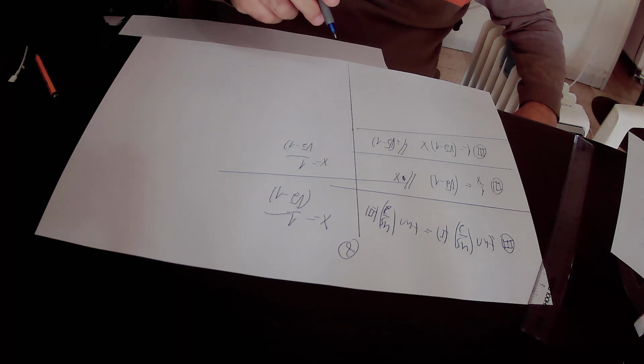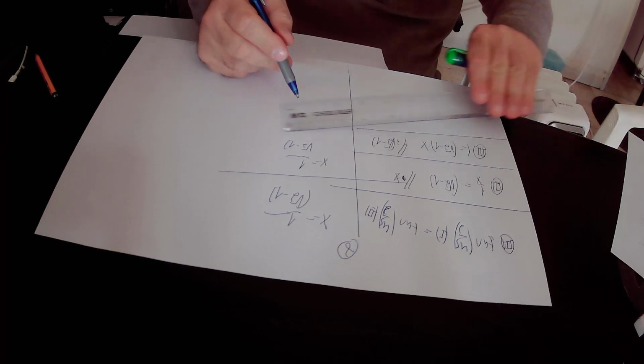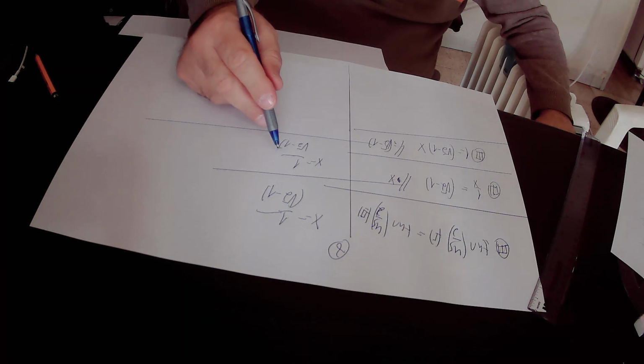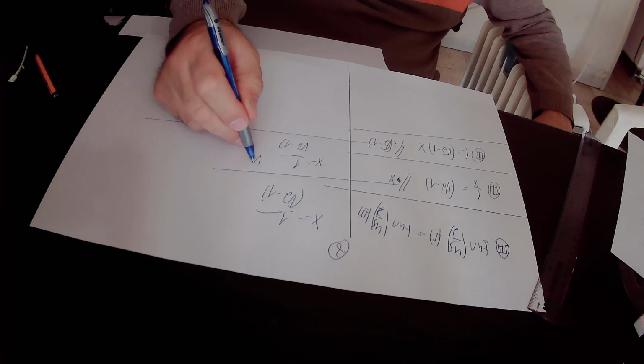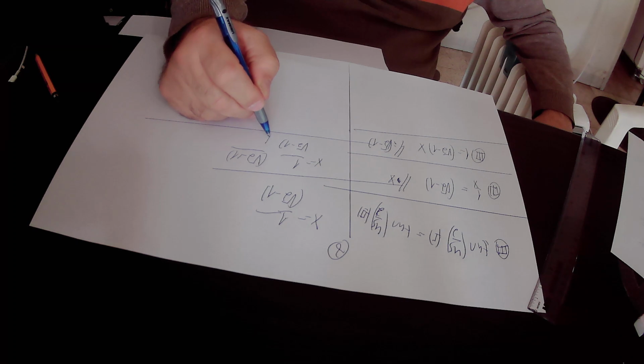So we'll focus on this side of the equation. We'll multiply this side of the equation by square root of 2 plus 1, and then divide it by square root of 2 plus 1.